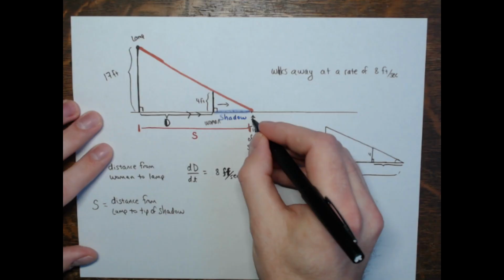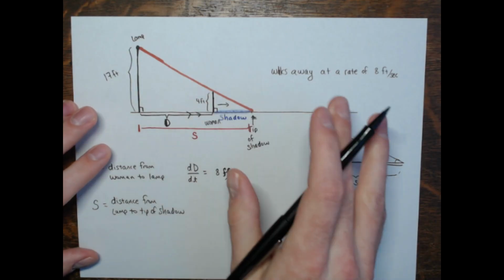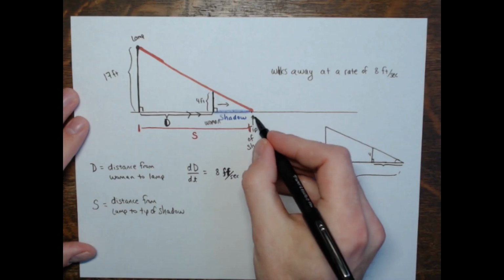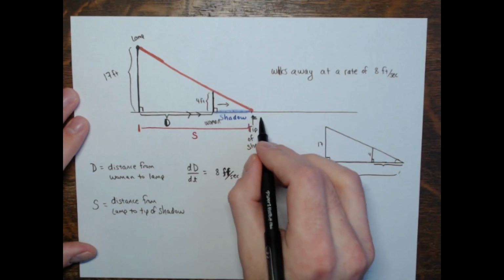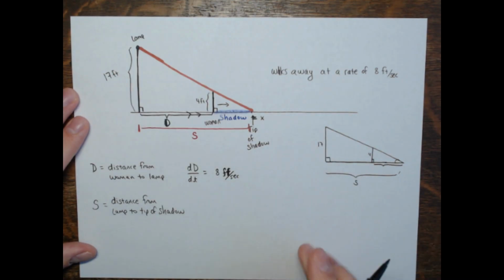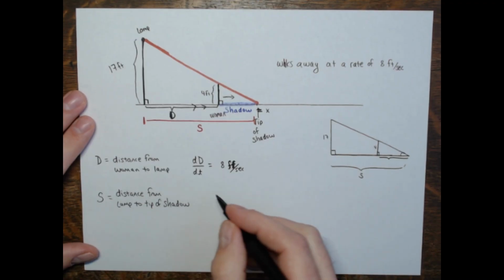So I'm going to give one more letter. I'm going to call the length of the shadow just X.